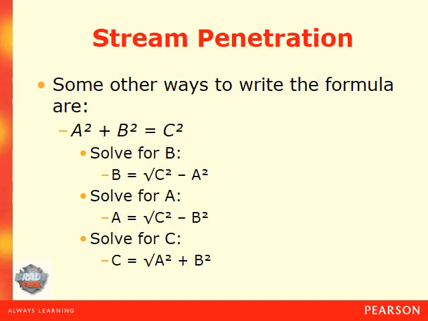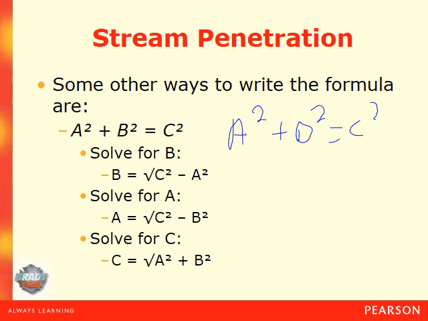Some other ways to write the formula can be a squared plus b squared equals c squared. Again, to solve for b, all you have to do is change it up a little bit. In terms of what you do to one side of the equation, you have to do to the other. So if we want to solve for b, we know that we have a squared plus b squared equals c squared, and we want to get b by itself.